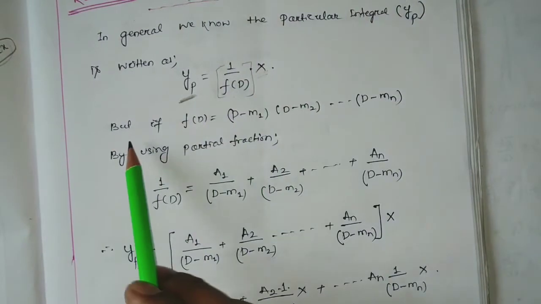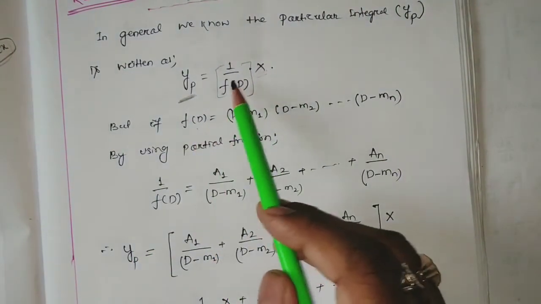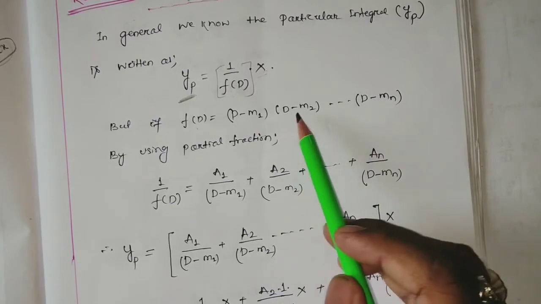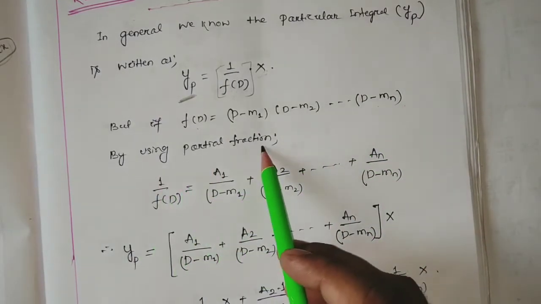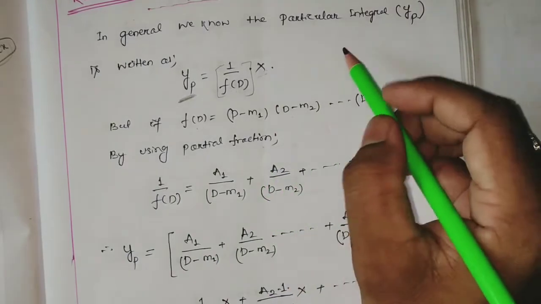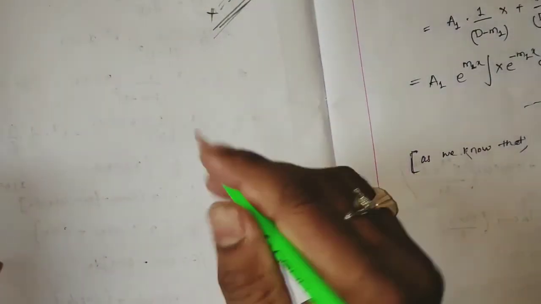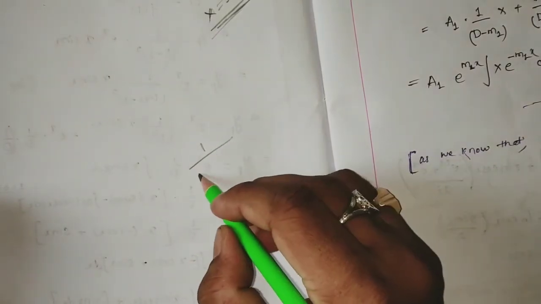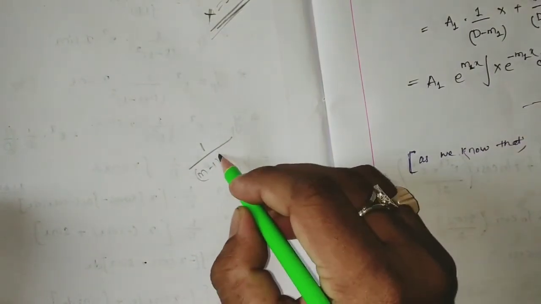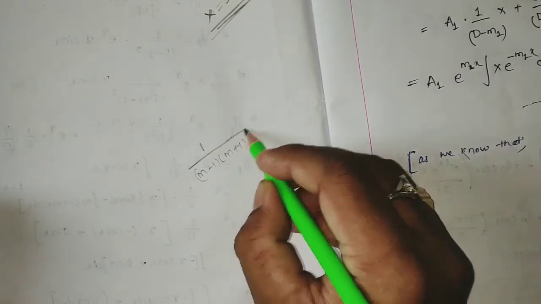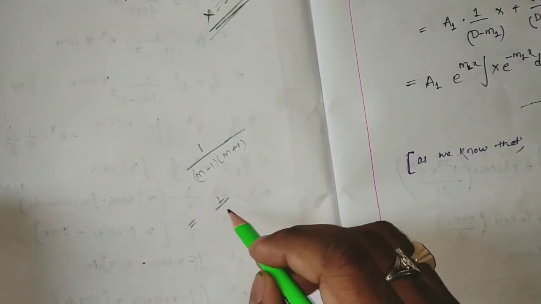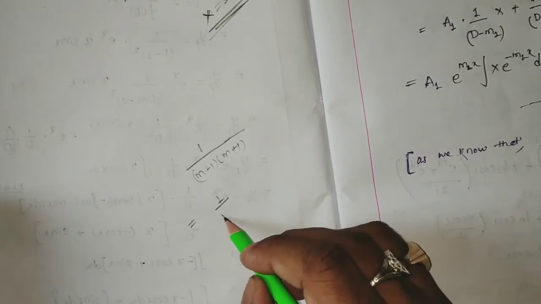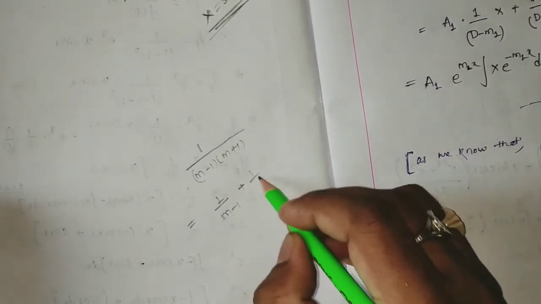But if f of D is in the form of (D minus m1)(D minus m2) up to (D minus mn), then by using partial fractions, suppose 1 by (m minus 1)(m plus 1) is there. According to partial fractions, this can be written as a by (m minus 1) plus b by (m plus 1).